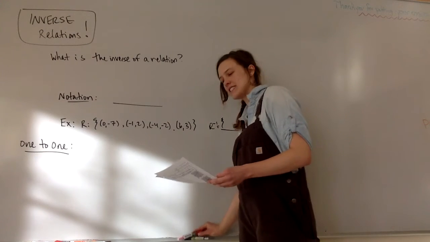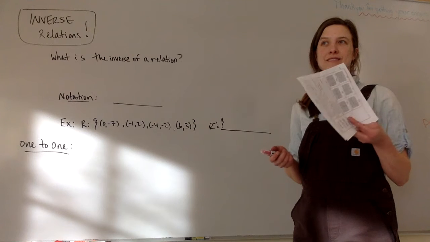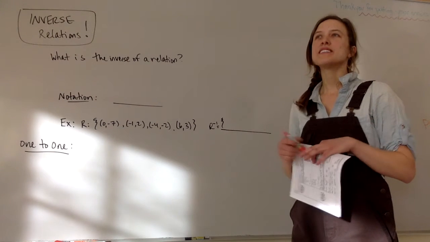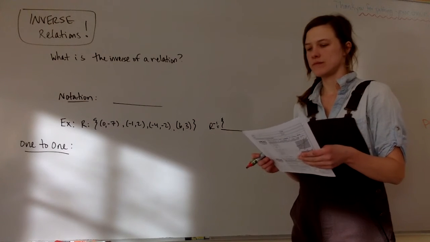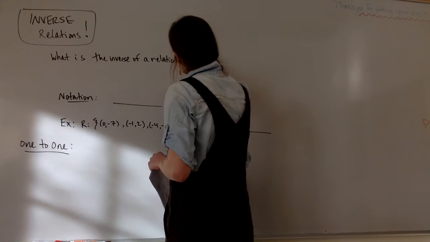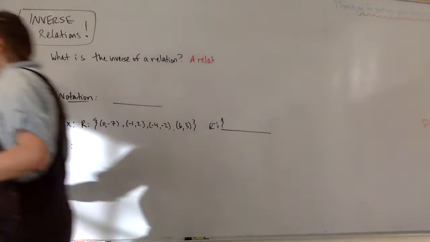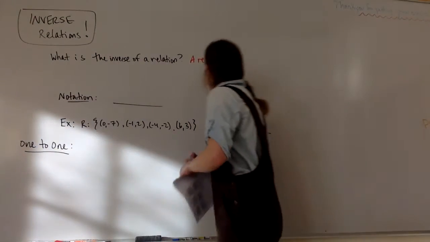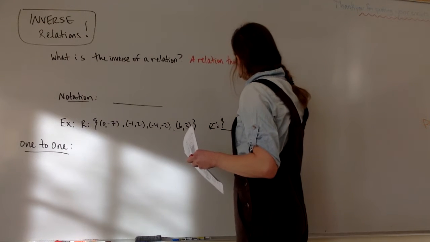Yep. Okay, so who here has done inverses before? Maybe? Yeah, awesome. What is an inverse? What is an inverse of a relation? Opposite. Yeah, so it's a relation. It's a relation that reverses.